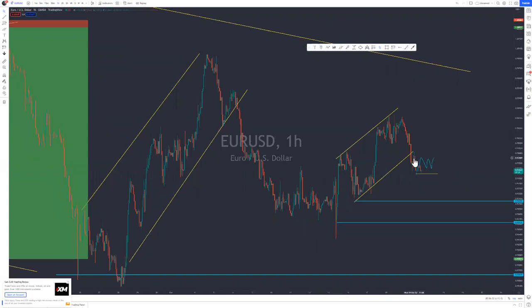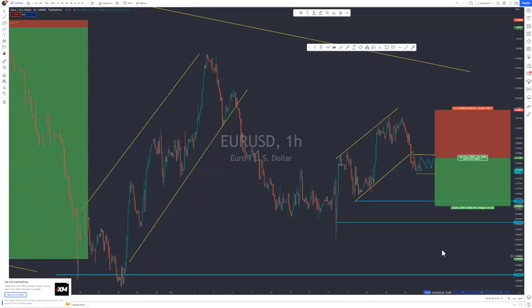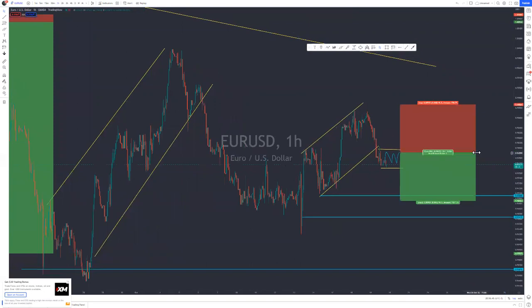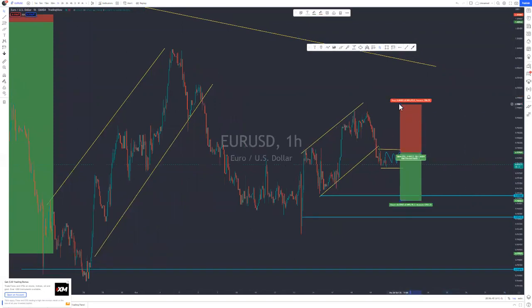With this little correction, this is going to be my entry type. So I just have to go short, take it from there, pull down with the stop loss, and then the take profit target has to be here.